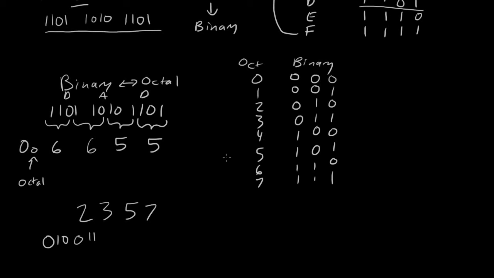And then 5 is 101. And 7 is going to be 1, 1, 1. So that was octal to binary.